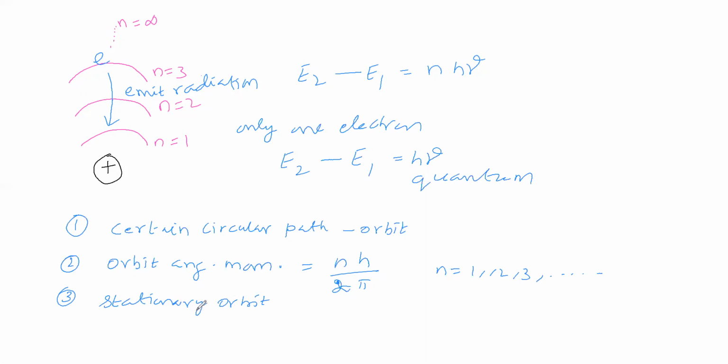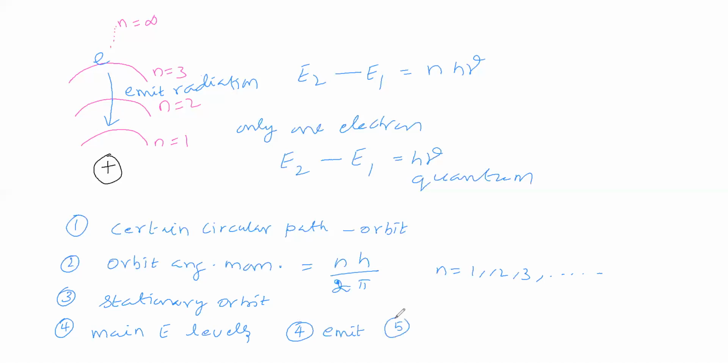The energy of the electron is constant, therefore this energy level is called a constant energy level, which is also called the main energy levels. Main energy levels means n is equal to 1, n is equal to 2, n is equal to 3, and so on. Then when an electron jumps from a higher energy level to a lower energy level, it will emit radiation.